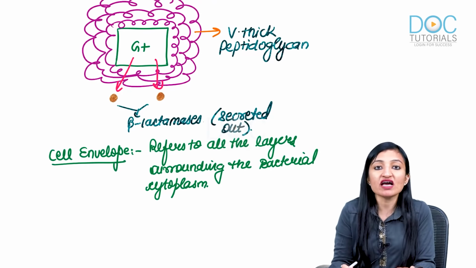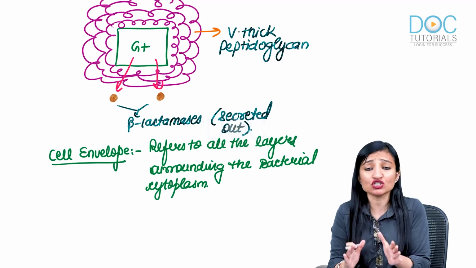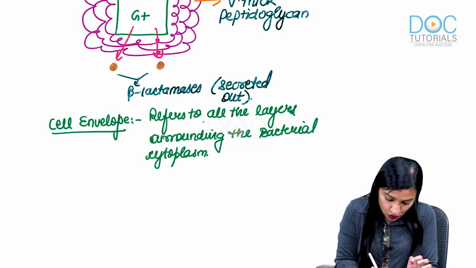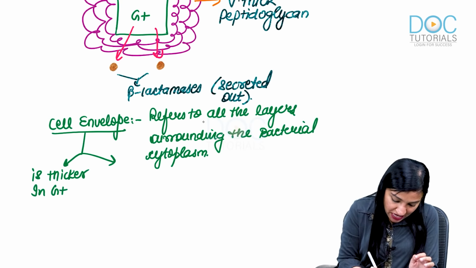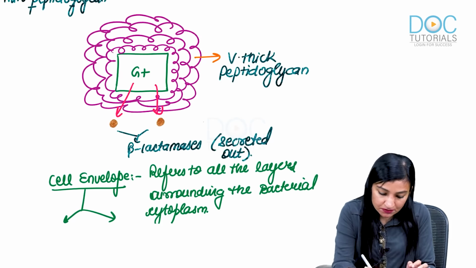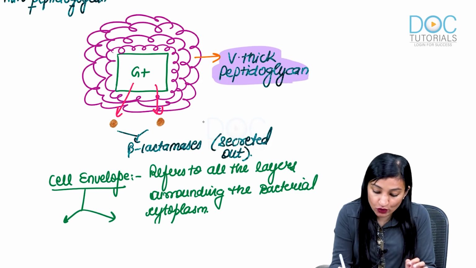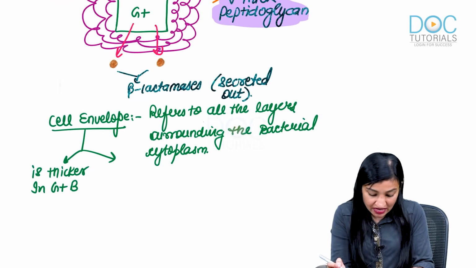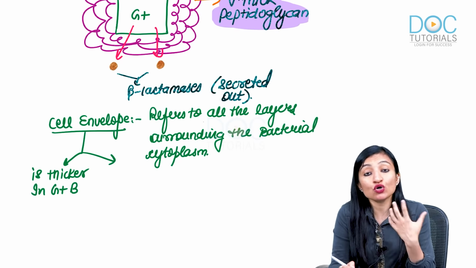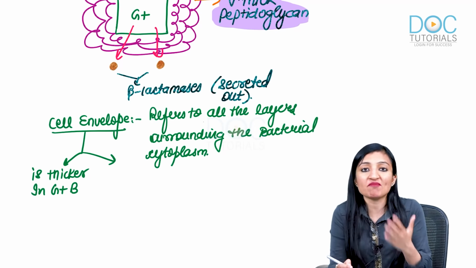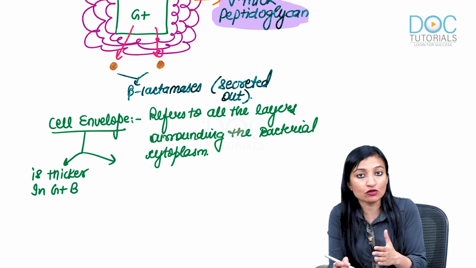So we have seen the basic structure of G plus and G minus. The cell envelope, as we have seen, is thicker in G plus bacteria. As I have mentioned, there is a very thick layer of peptidoglycan in G plus bacteria. Whereas if somebody asks you in which kind of bacteria the cell envelope is more complicated, G plus or G minus, your answer is going to be G minus.